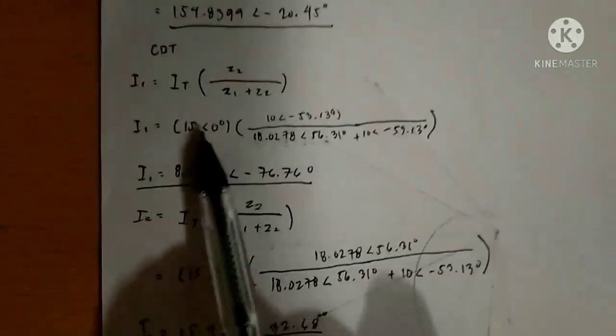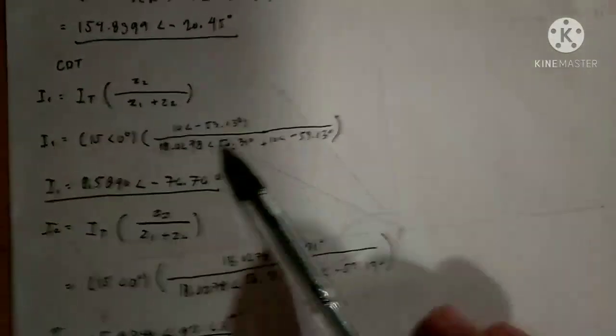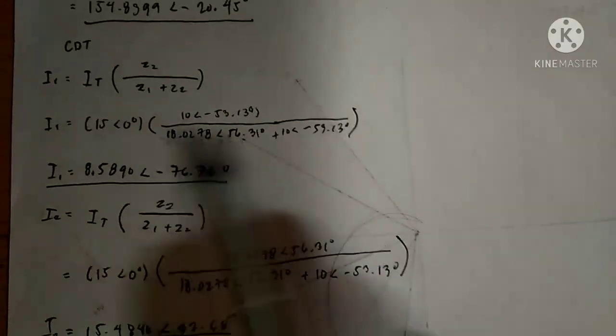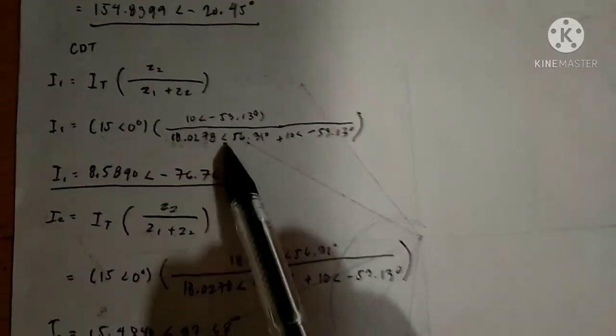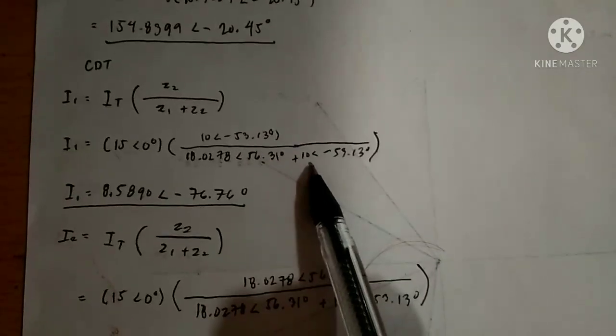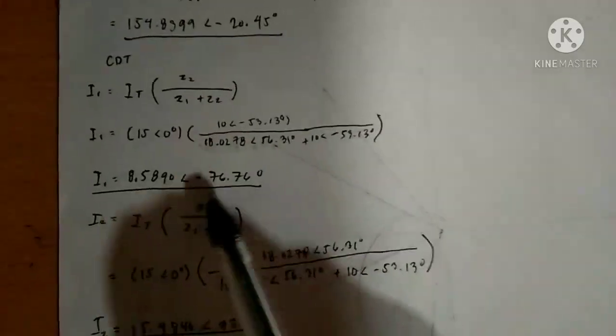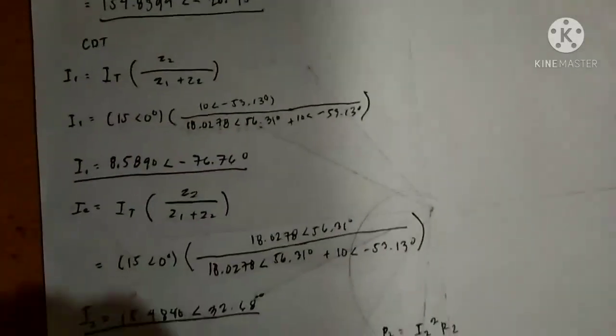Our I total is 15 angle 0 degrees times 10 angle -53.13 degrees over 18.0278 angle 56.31 plus 10 angle -53.13. That would equate to I1 is equivalent to 8.5890 angle -76.76 degrees.